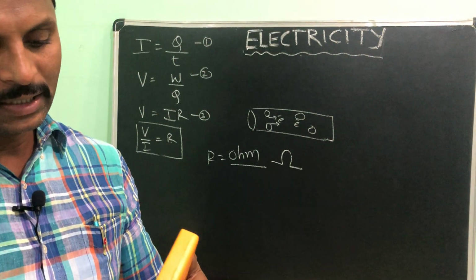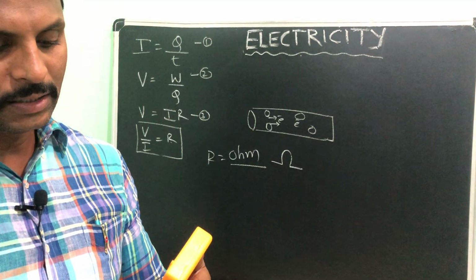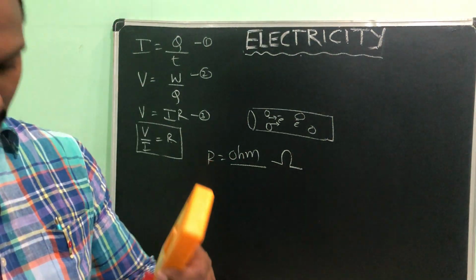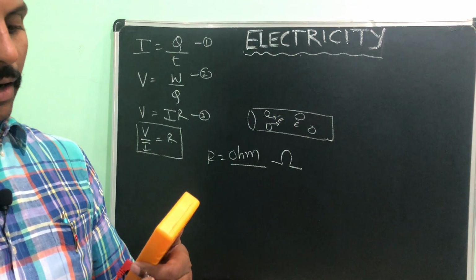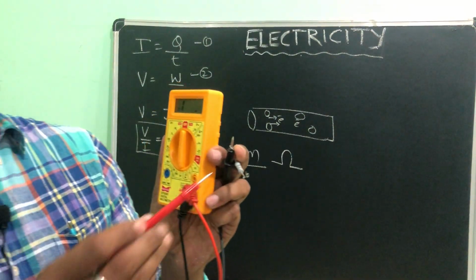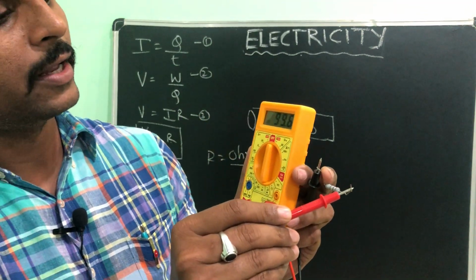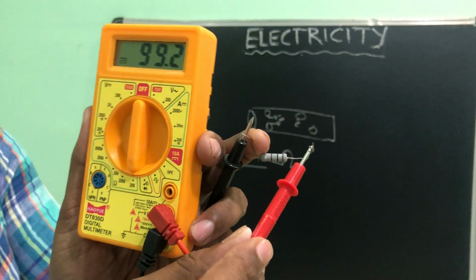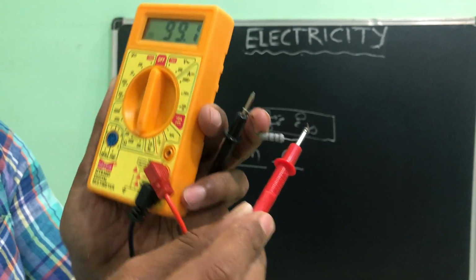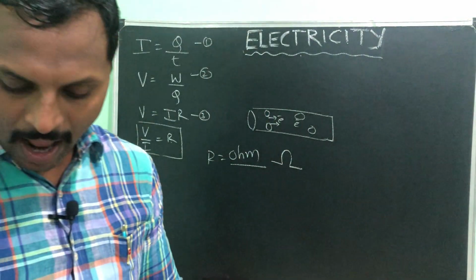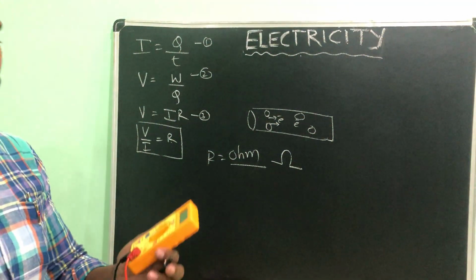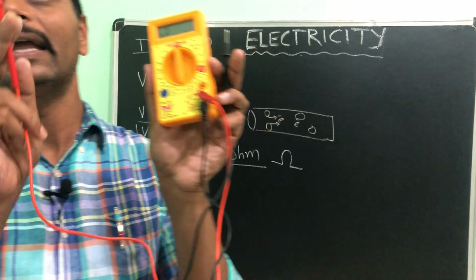I am just checking the resistance of this old resistor, how much it is. Can you see here? So it is 99.1 ohm.